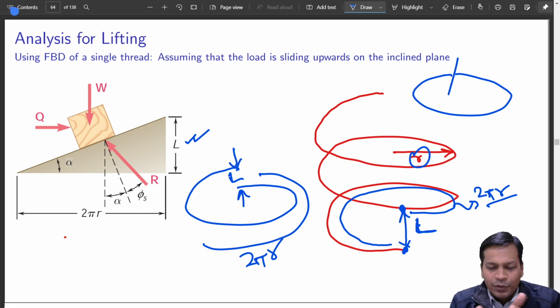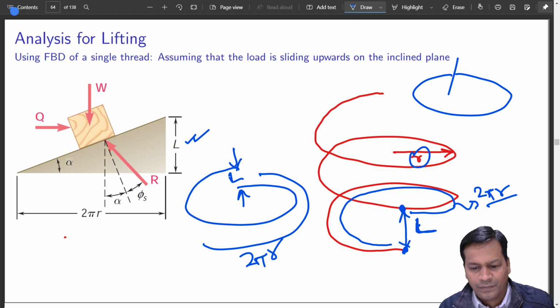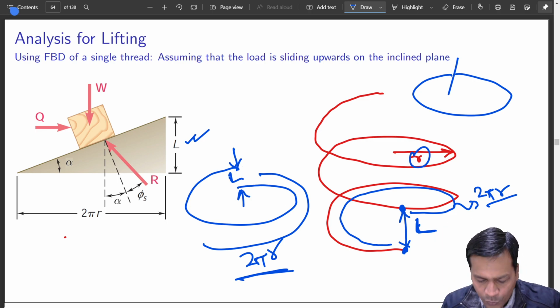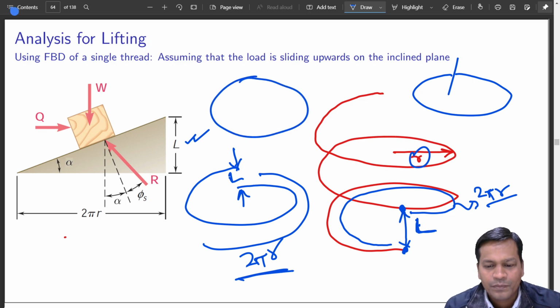See why this is taken. It should be like this, but effectively that is a projection, which is 2 pi r. Once it makes a spiral, if you project that spiral and look from the top, it is a circle of radius r.